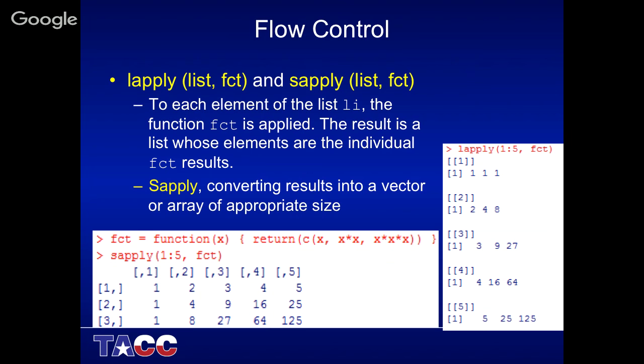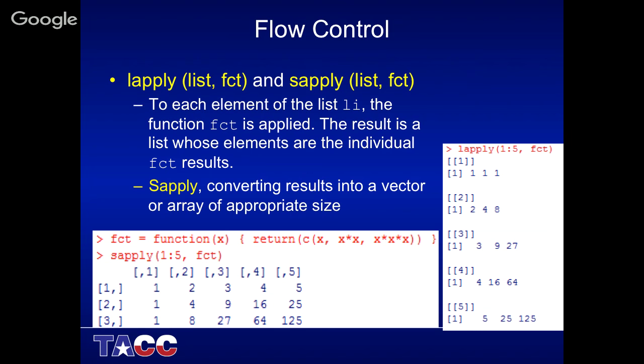Okay, so you're starting off by creating a function. You give it a number, and it returns a vector. So if you give it x, it returns a vector of x squared and x cubed.